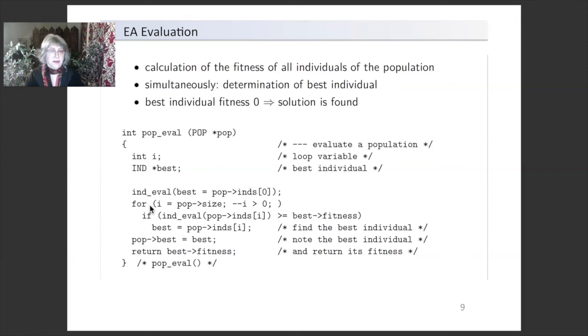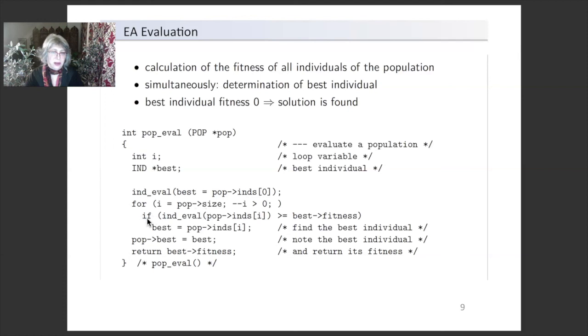And after that, we will consider the other individuals. For this loop, we are setting the loop variable as population size. Each time we are decrementing the value of I and also comparing if it is still greater than 0. If it is greater than 0, it continues in the loop.